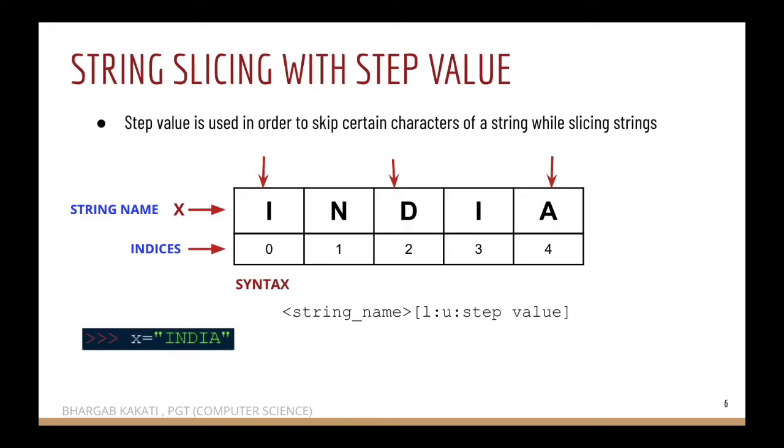So let's say the string x is India. If I write x[0:5:2], that means display every second character of the string. That means what will be the answer?